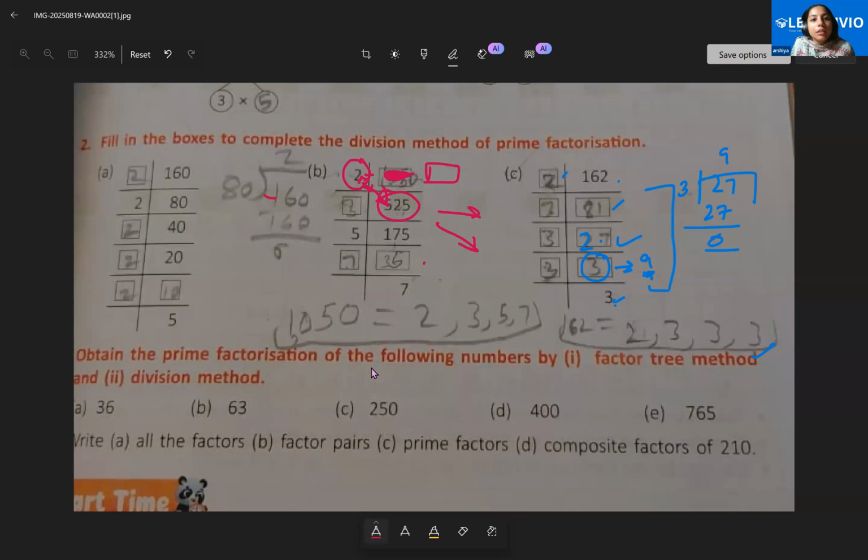Till here, is it clear? First I did 2 multiply by 525. Correct. Then I did 525 multiply by 5. Then I got, I think, 175.